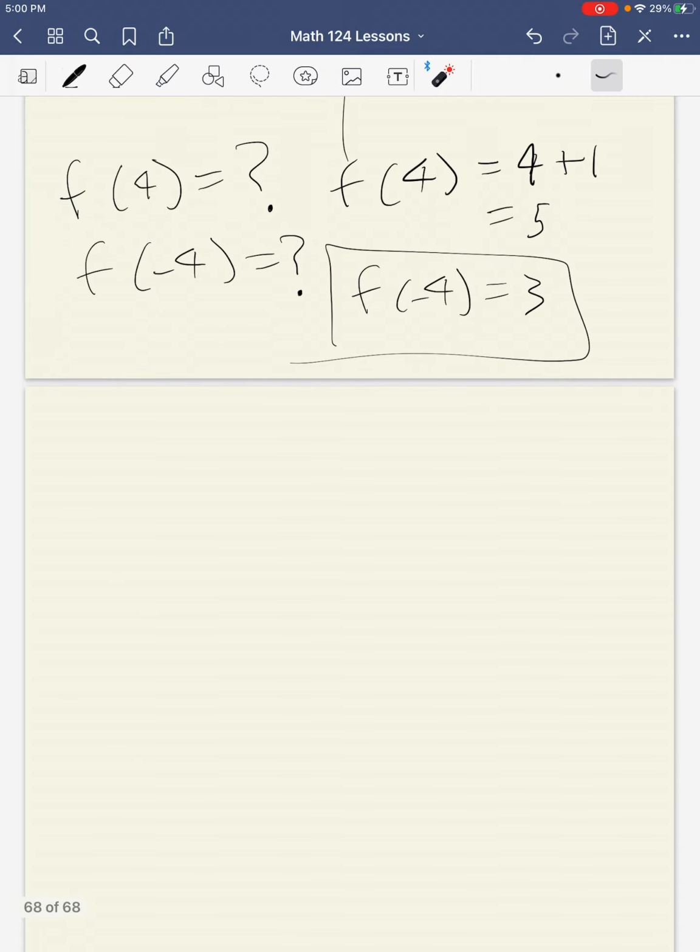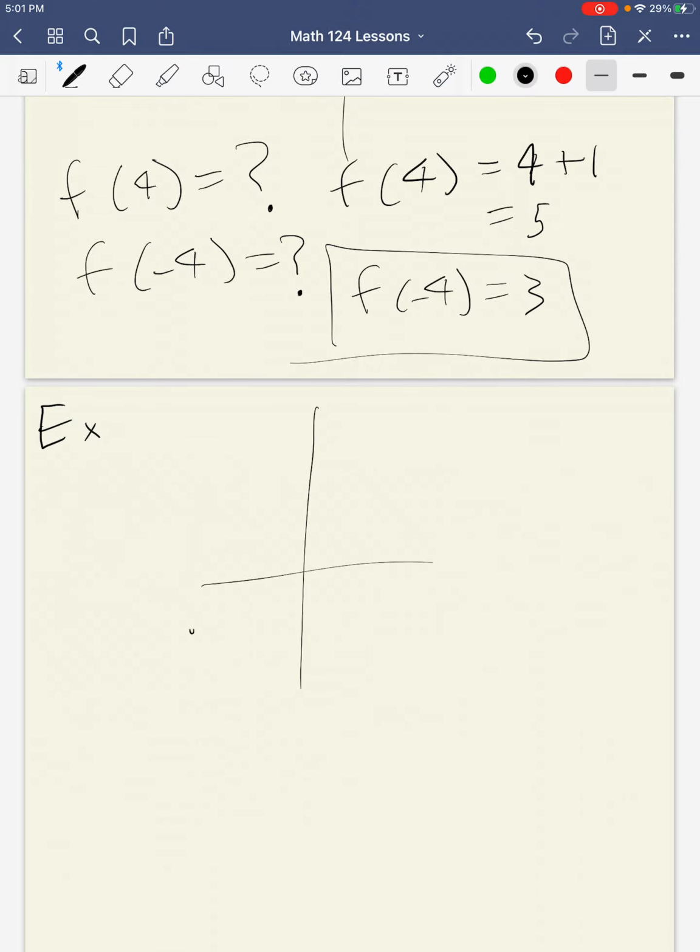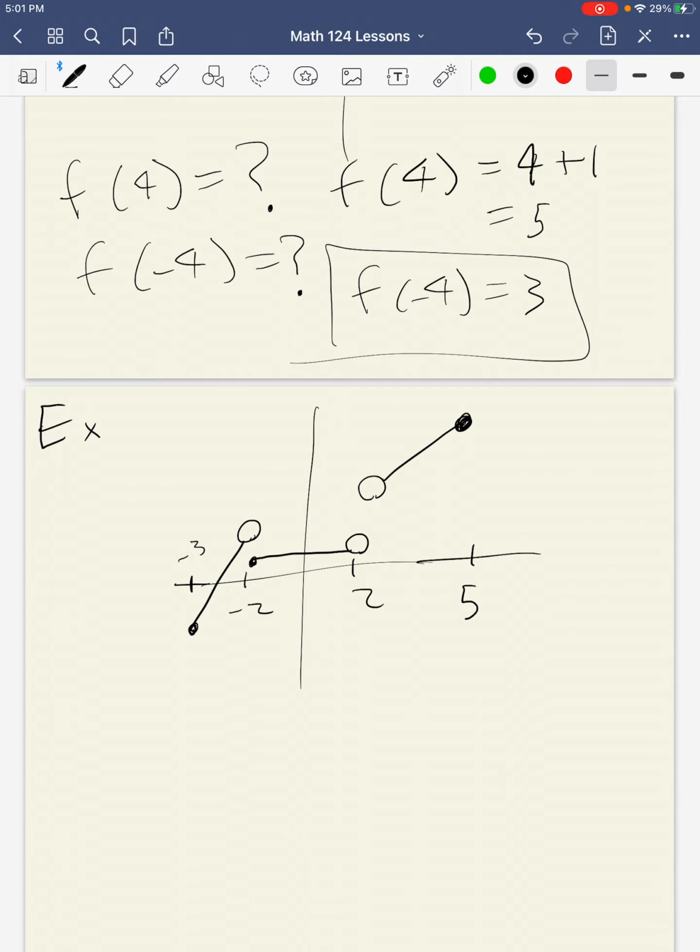Now let me look at an example like this, where we're given the graph of a piecewise function. So we have some piecewise function like this. Say this is the number -3, this is the number -2, this is 2, this is 5.